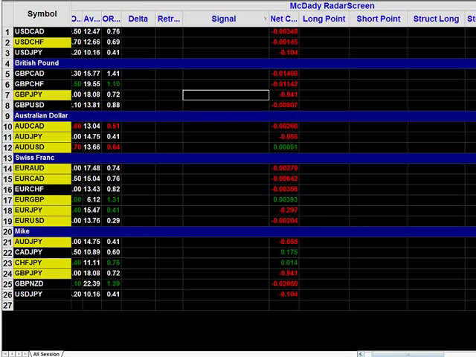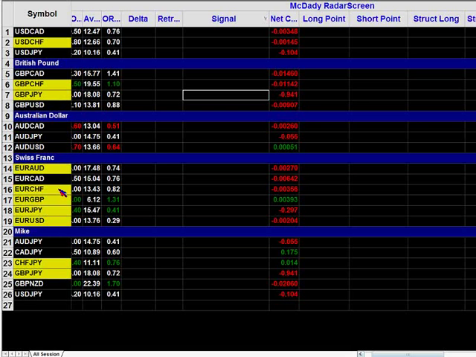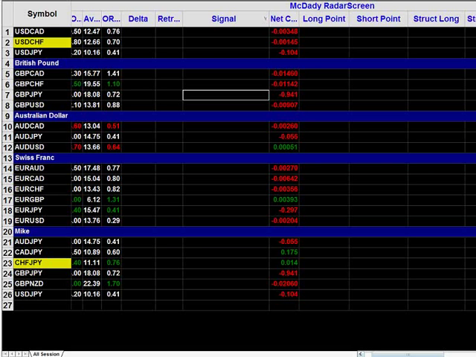We have the radar screen. This is what we call the radar screen. And as you can see, we group the pairs. So for example, here I'm grouping all the pound pairs, all the Aussie pairs, all the Euro pairs, and my yen pairs. So with that, I have those currencies in groups.